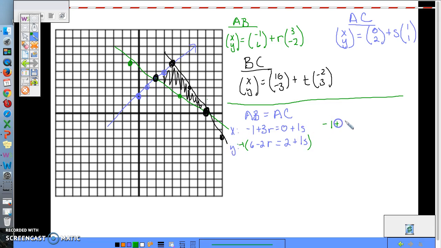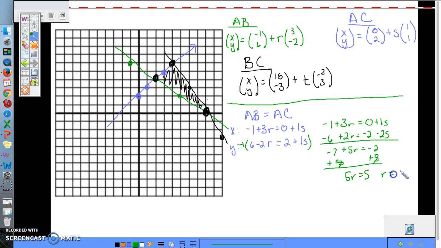So this stays the same, -1 plus 3r, and this would become negative 6 plus 2r, negative 2 minus 2s. So negative 7 plus 5r equals negative 2. Add 7, sorry about that, so 5r equals 5.